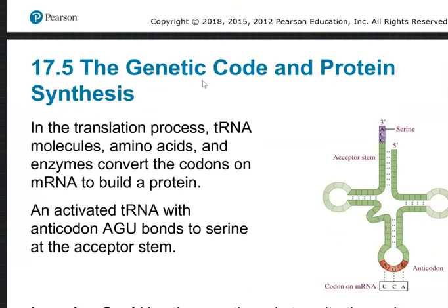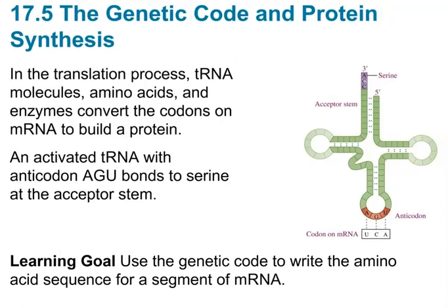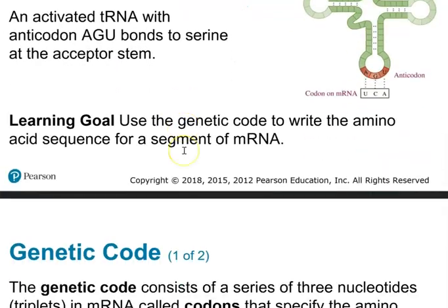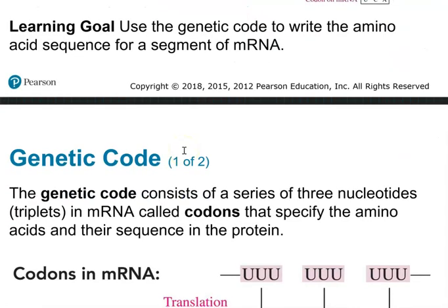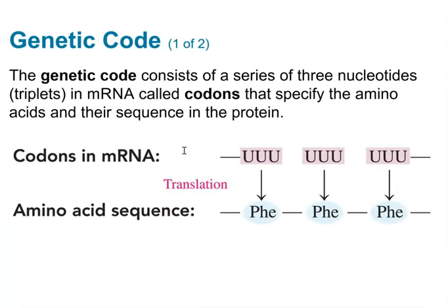Okay? Now, the next logical stop is to talk about genetic code and translation. So first, genetic code. As you already know, I already mentioned that, it consists of codons.